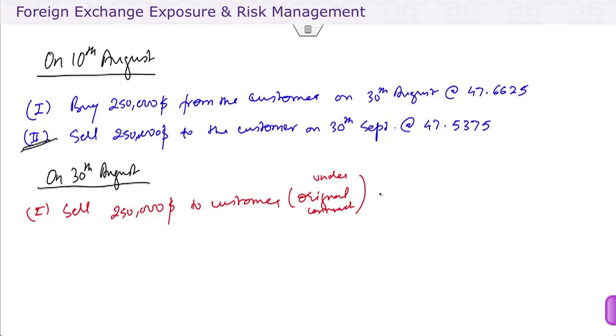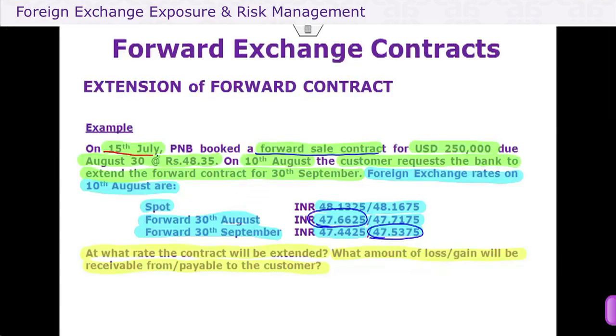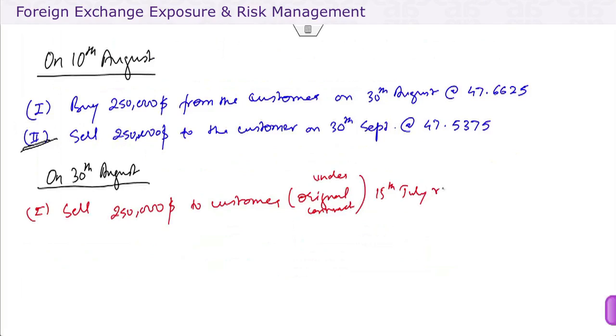The original contract was for 15th of July in this question. That was the contract you originally entered into, and the rate was 48.35. So 15th July rate of 48.35.